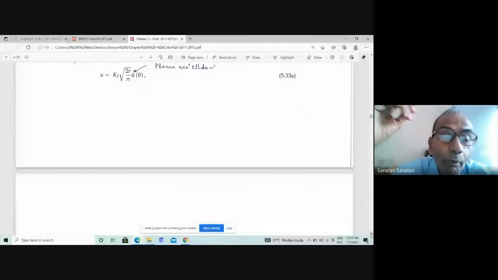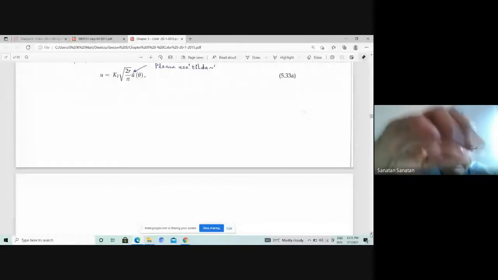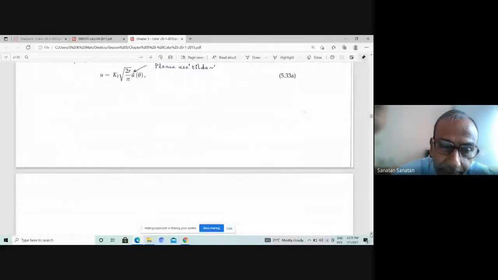So for crack faces, if you take a point which is R distance behind the crack tip, then the displacement at the point where you are concentrating is equal to K1 times square root of R by 2 pi into u bar theta.